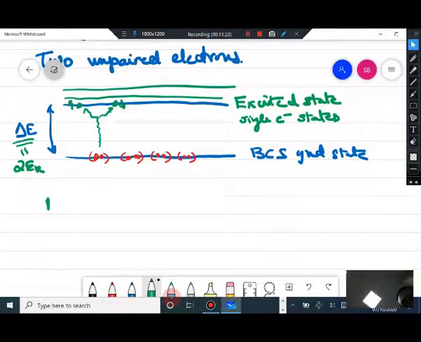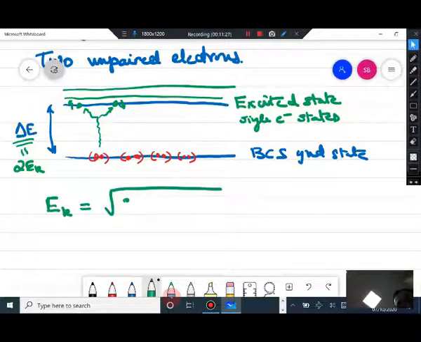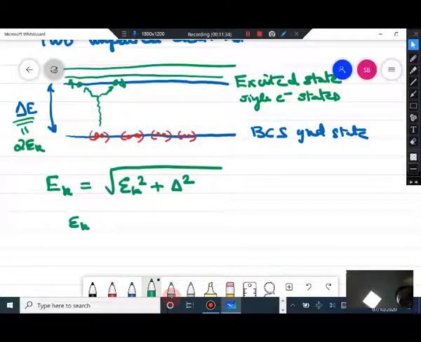Now let us look at the plot of Ek. Ek is square root of Ek square plus delta square, where recall that Ek is equal to capital Ek minus Ef. Namely, we are measuring the energies of the electron with respect to the Fermi energy.